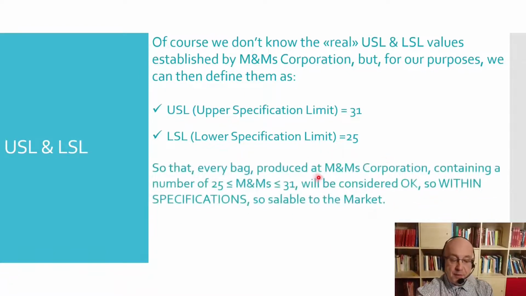So every bag produced at M&M's Corporation containing a number of M&Ms between 25 and 31, the two values 25 and 31 being included, so a value of 25 is considered good within specs, and the same for the value of 31, will be considered okay, so within specification, so saleable to the market.